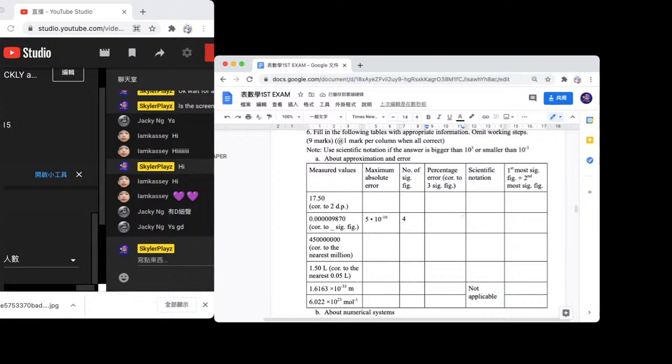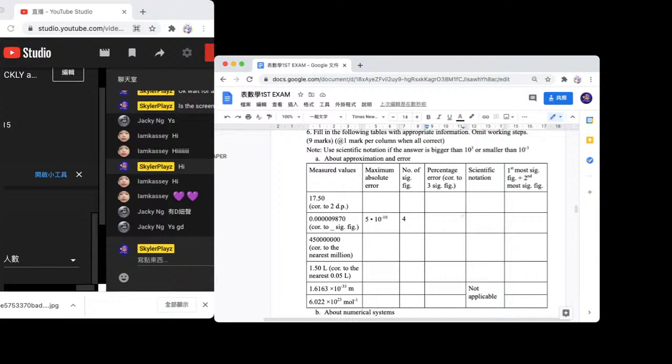Percentage error is just the maximum absolute error divided by the number. Okay, so we will have 5 times 10 to the power of negative 10 divided by 987 times 10 to the negative 8 power.